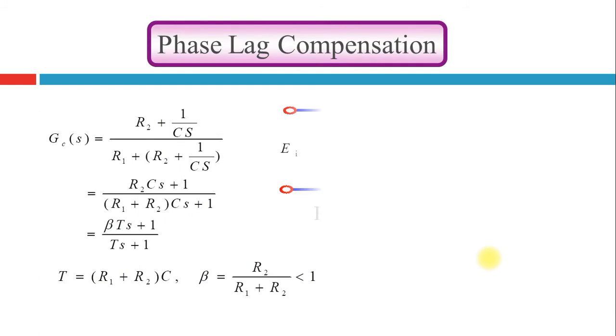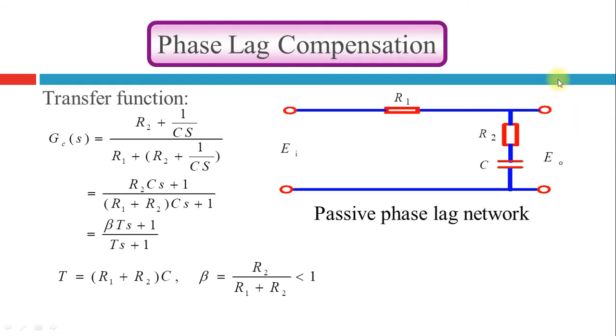Okay, what is the configuration over here? In your phase lag compensator, you will be having R2 and C connected in series over here, and R1 is connected in this arm. Okay, and I can find out the transfer function using a simple method, that is E output of s upon E input of s.